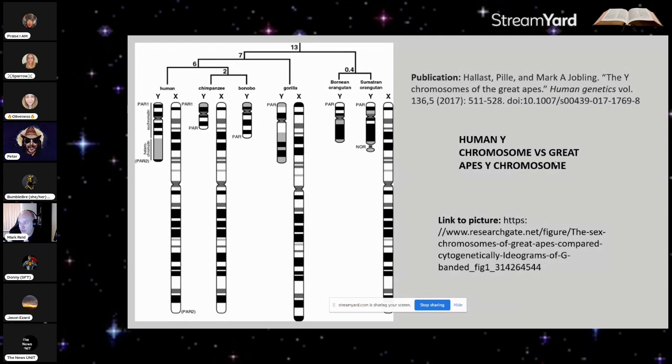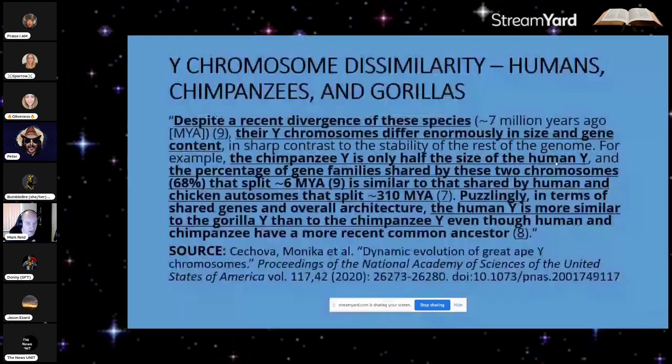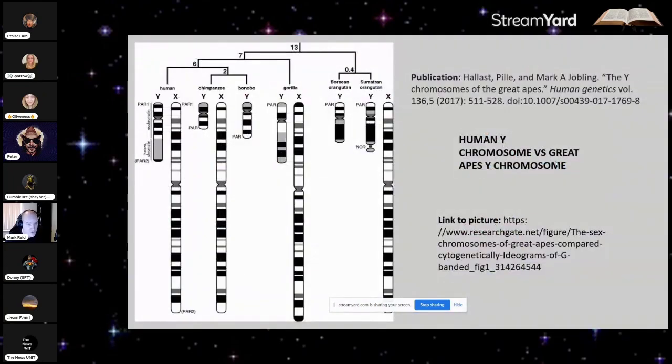But it also suggests that just because the Y chromosomes are different, it doesn't mean that they didn't have a common ancestor. It depends how different. So the chromosomes between chimpanzee and bonobo are very dissimilar as well, but the content of their entire genome allows them to interbreed still.